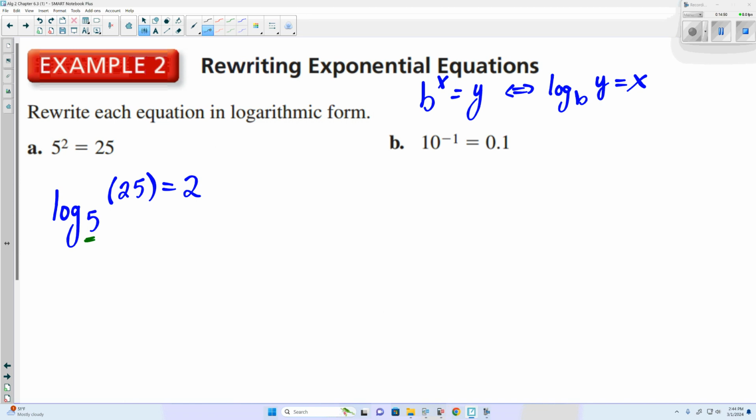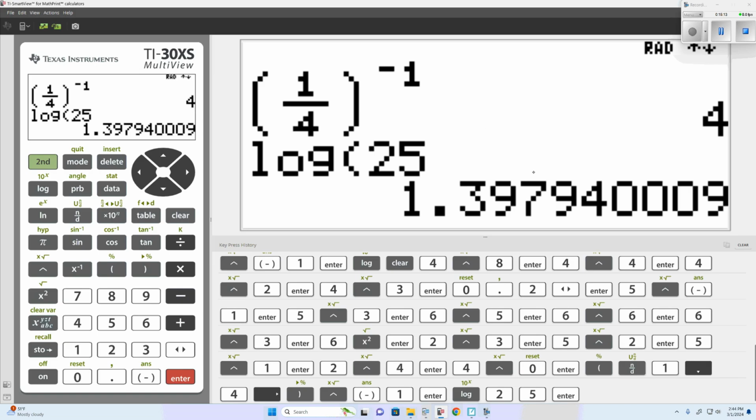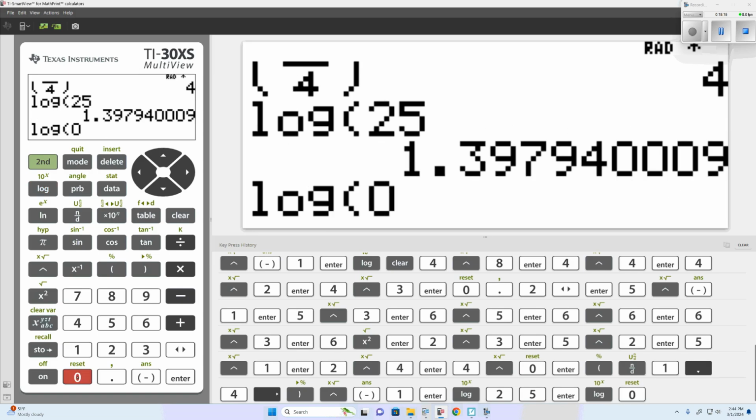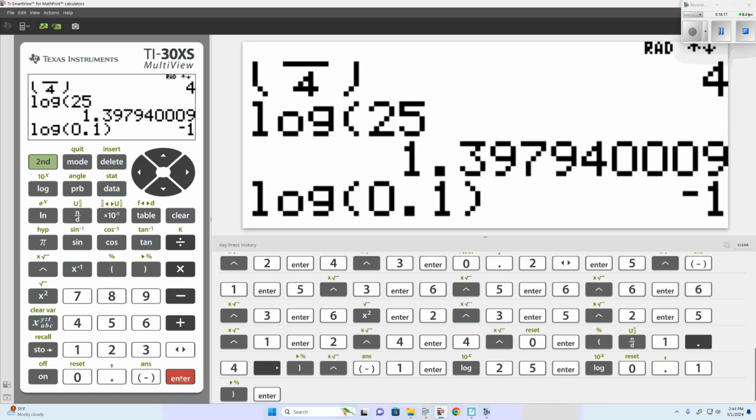Now, if we look at the next one, 10 to the negative 1 equals 0.1. Log base 10 of 0.1 equals negative 1. Well, as we just said, this is considered a common log. So if I grab the calculator and say log 0.1, we do indeed get negative 1.